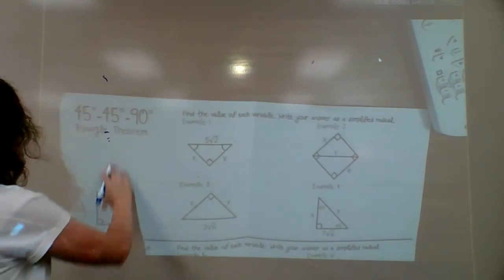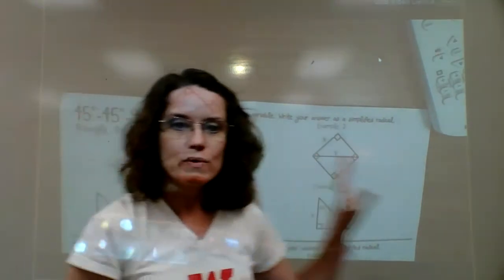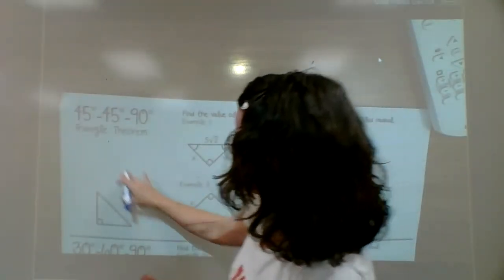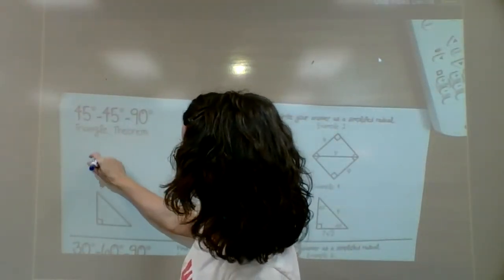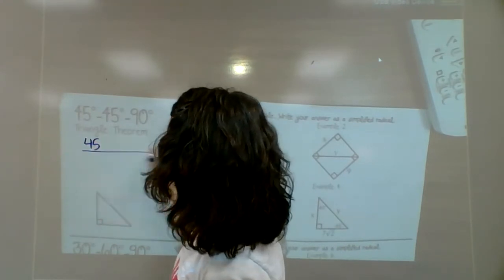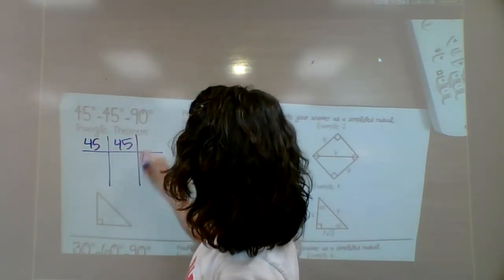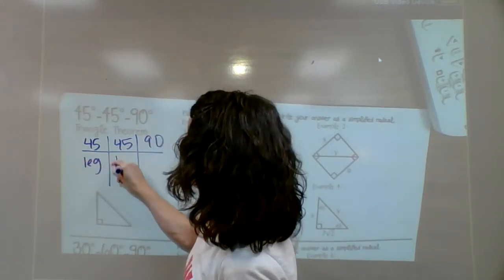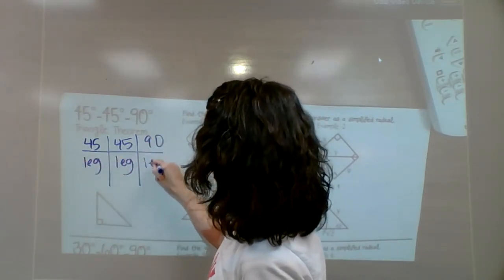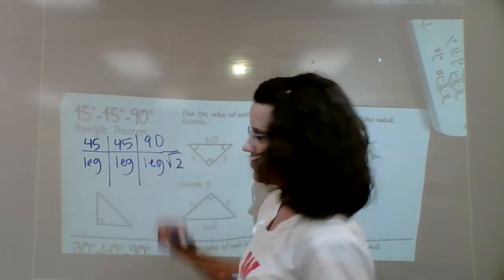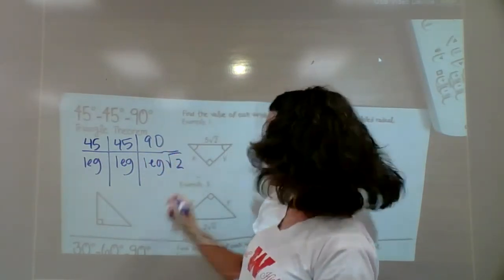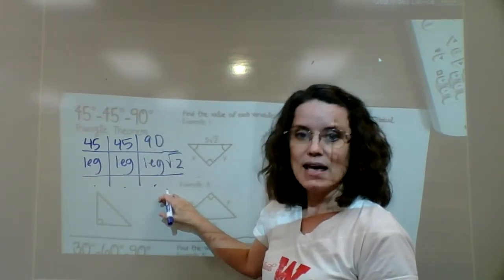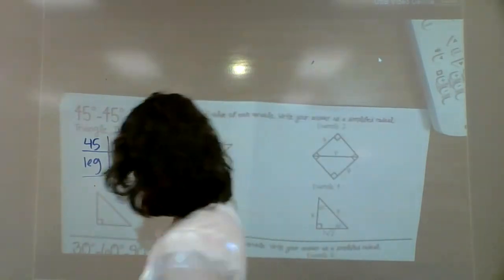So there is a filled in copy of this in your drive with some more example problems for you to go through, but just remind yourself that for 45, 45, 90, you're going to have the small side, another small side that's the same, and your hypotenuse. This is always a leg, this is always a leg, and this is always a leg times the square root of 2. If you can keep this straight, then you can fill in what you're given below it and set up equations that will solve for your third side.